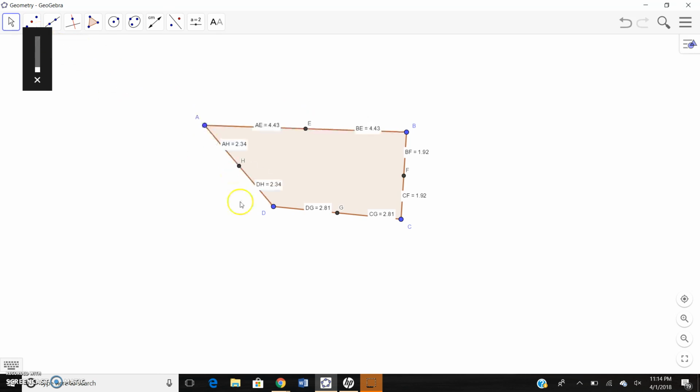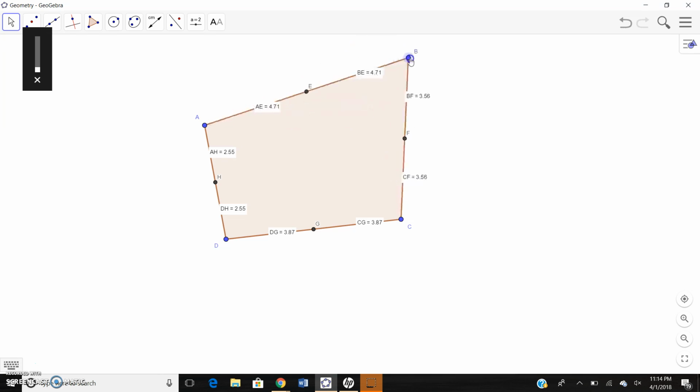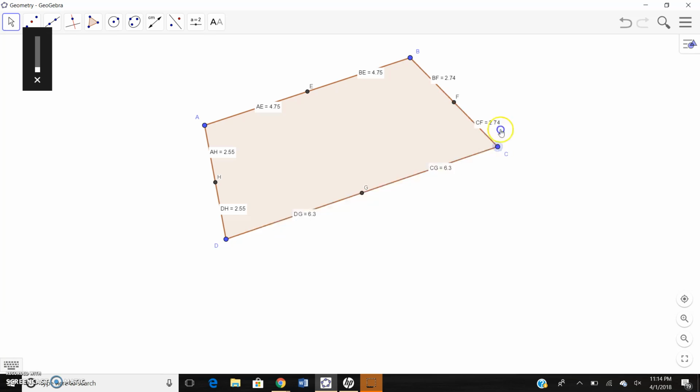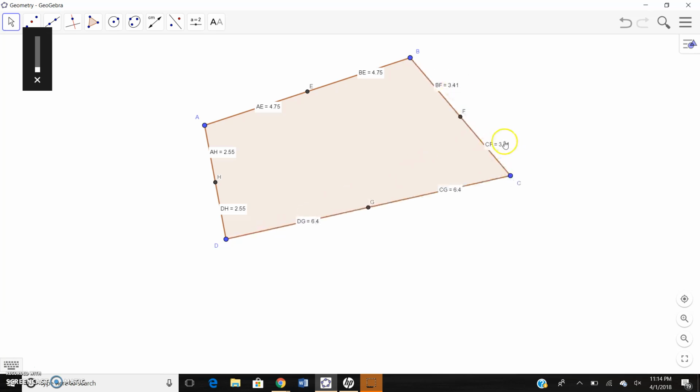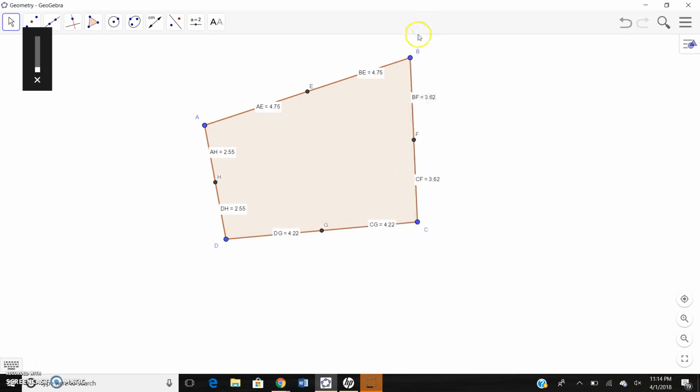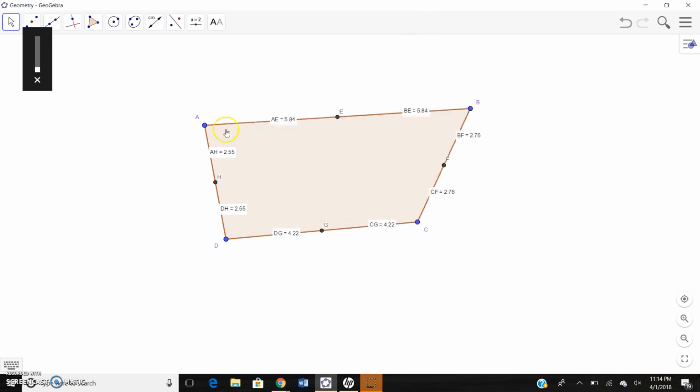So I can test that with all the sides and see that E, F, G, and H are always going to be midpoints of respective sides AB, BC, CD, and AD of my quadrilateral.